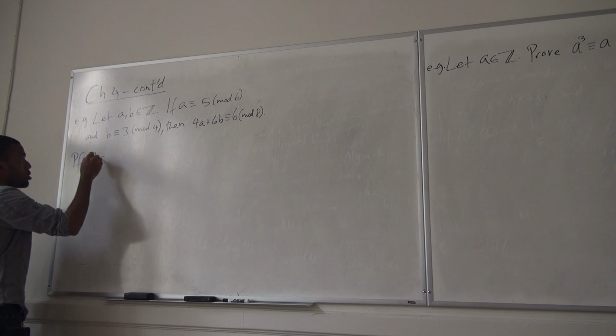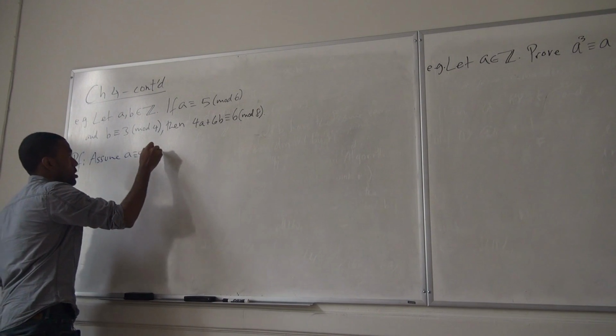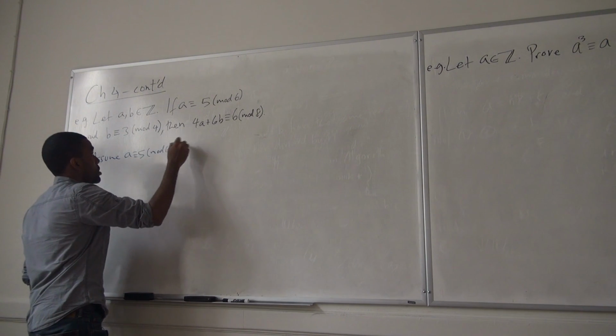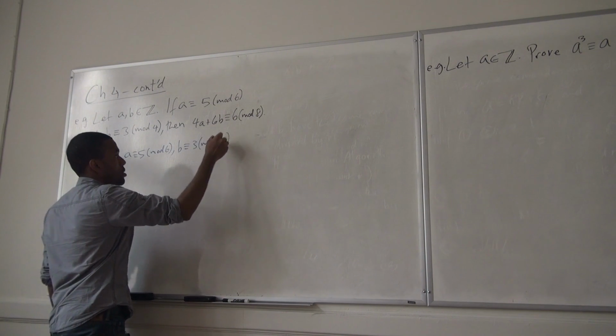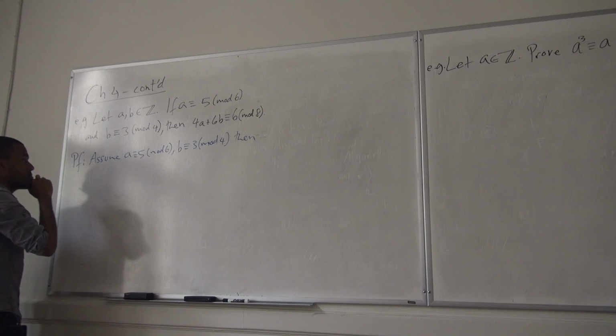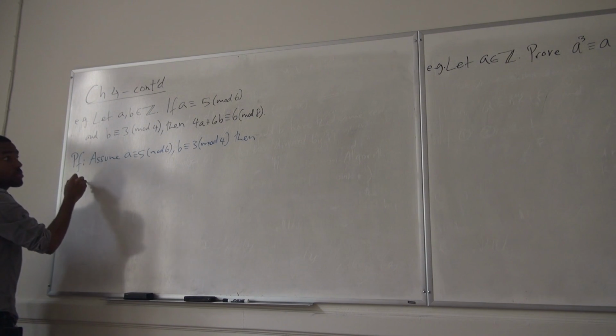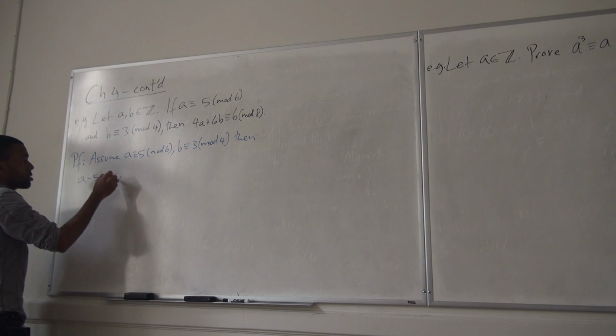So we're assuming a is equivalent to 5 mod 6 and b is equivalent to 3 mod 4. What does that mean? a minus 5 is equal to 6x.